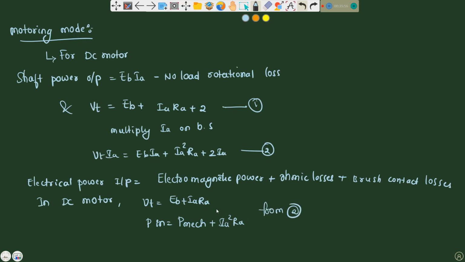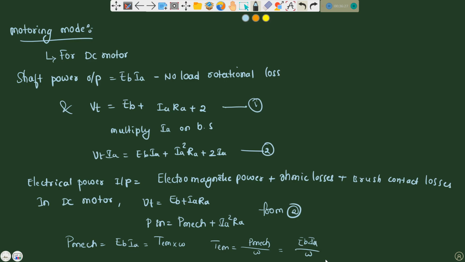Input power equals mechanical power plus I square R. So mechanical power will be Eb times Ia. So this Eb times Ia is what? Electromagnetic torque into angular velocity. Then TEM, electromagnetic torque, will be mechanical power divided by angular velocity. So it will become Eb times Ia divided by omega.